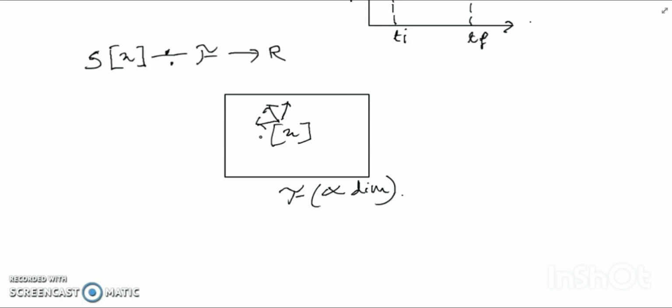So you could ask the question, in how many ways could I modify this path? And there are an infinite number of ways, because at each point you could make a change, and each change will be independent.